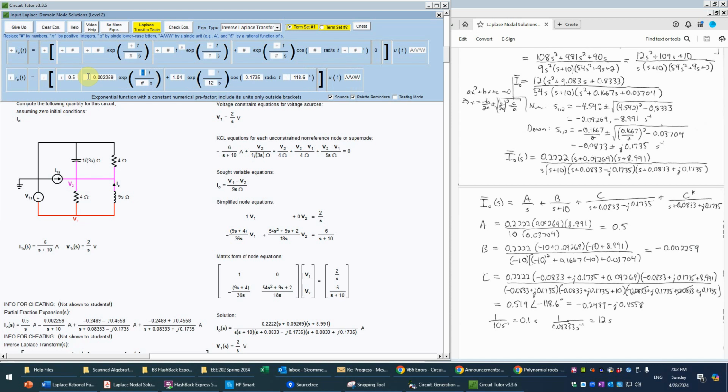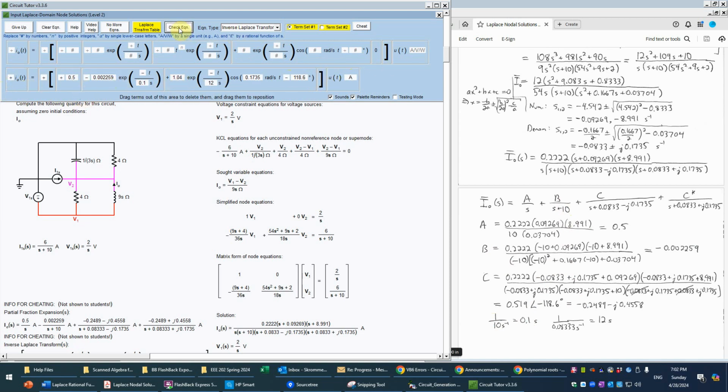And then again, this has got to be a decaying exponential, so that's going to be negative. And the time constant here, we can compute for the 10 is just 1 over 10, of course, is just 0.1. And then the final units, which we also need to specify, are going to be amperes. Okay, so that should be our final inverse transform.